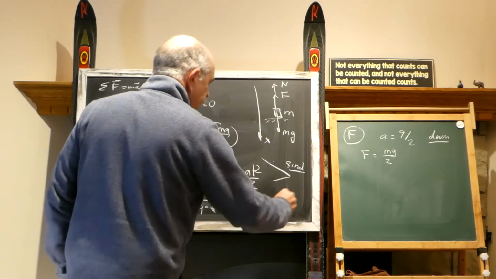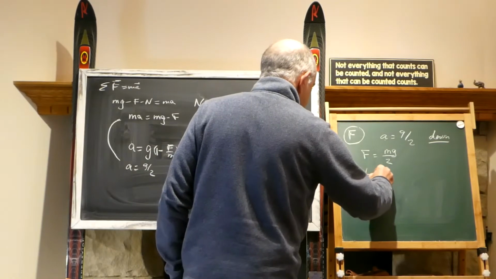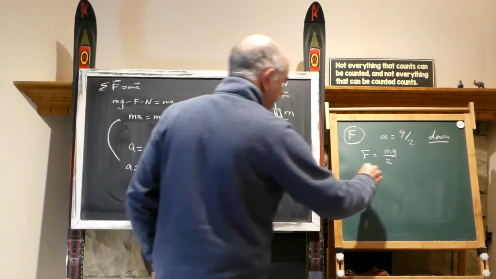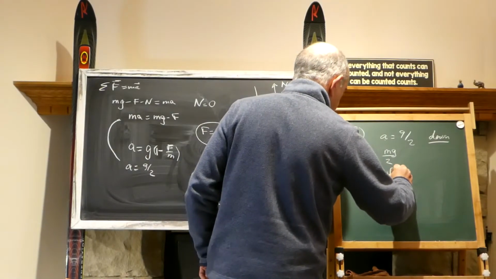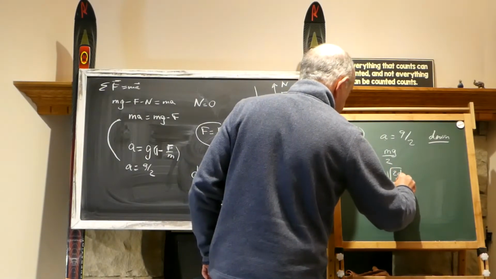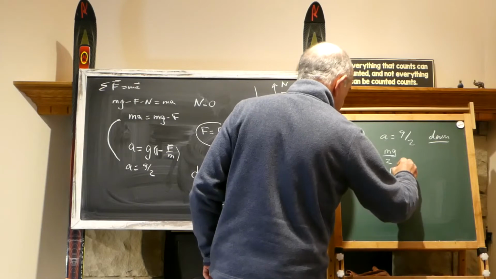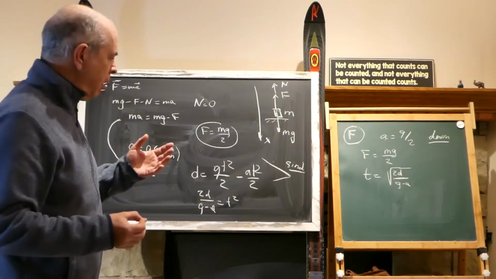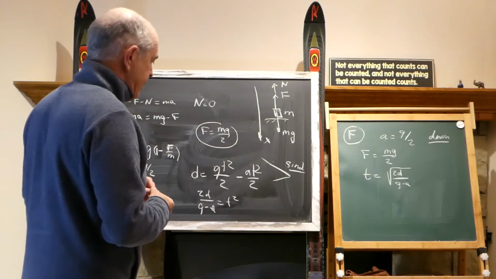Or I get that t equals the square root of 2d over g minus a. And this is a formula. So I can plug the numbers into this formula right away.